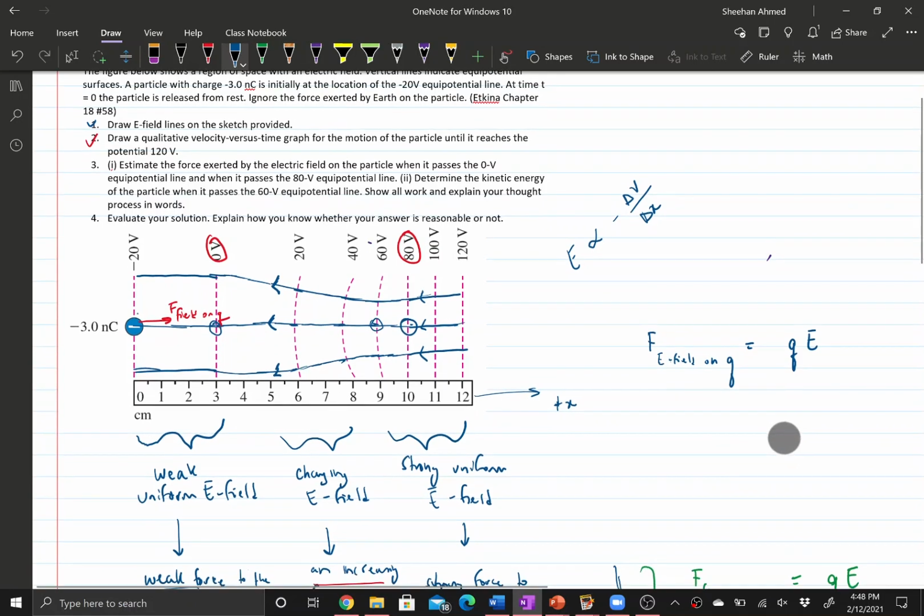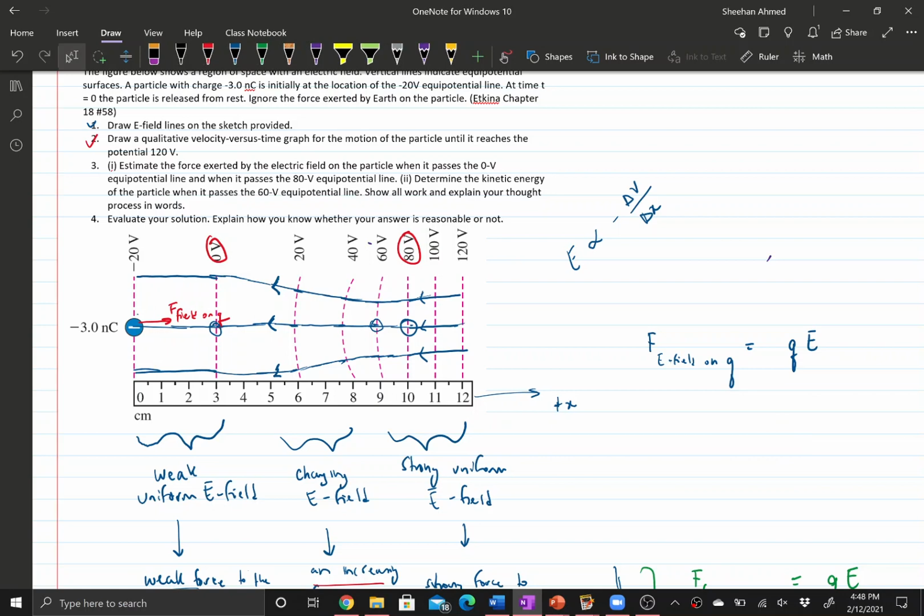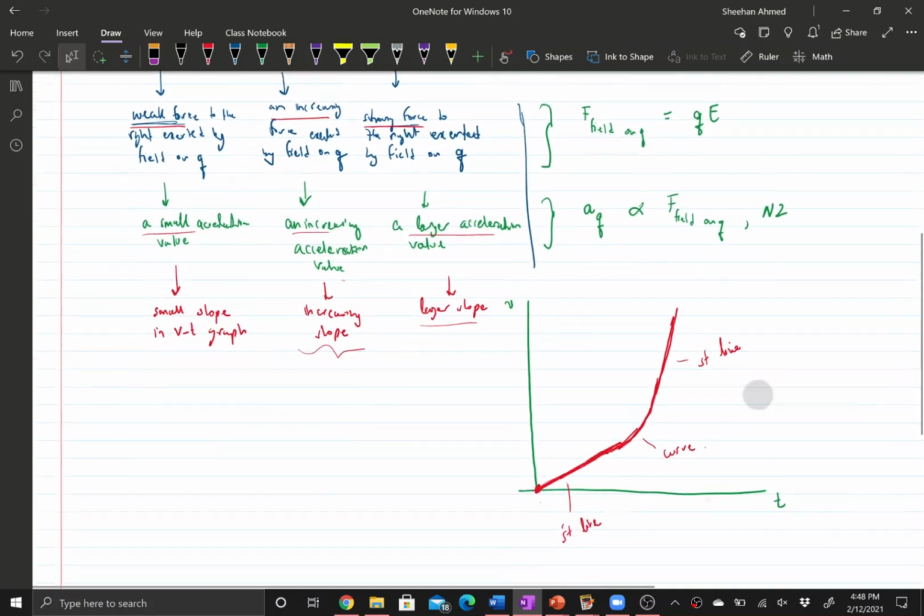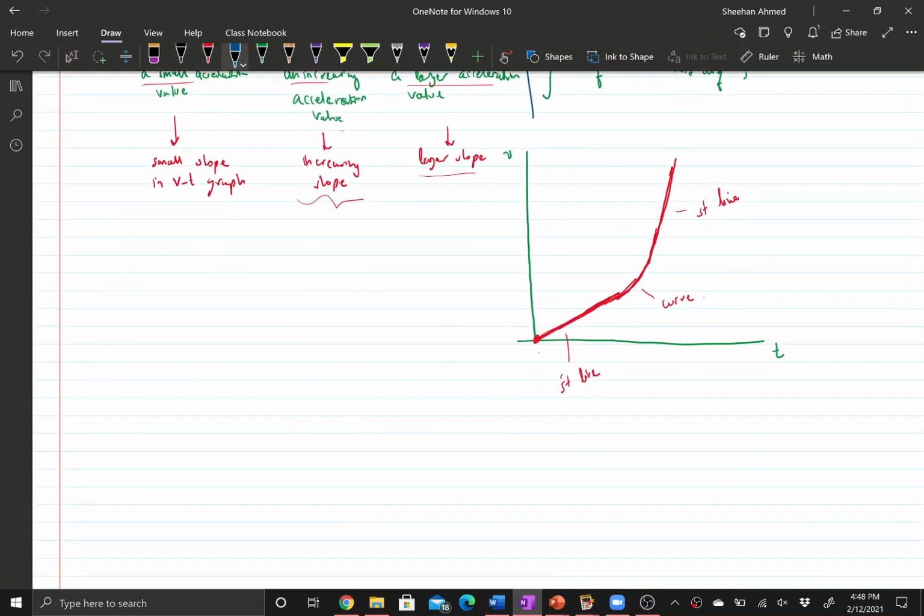Estimate the force exerted when it's crossing the 0-volt line. So this is part 3. We want to find the force exerted by the field on the charge at the 0-volt mark.